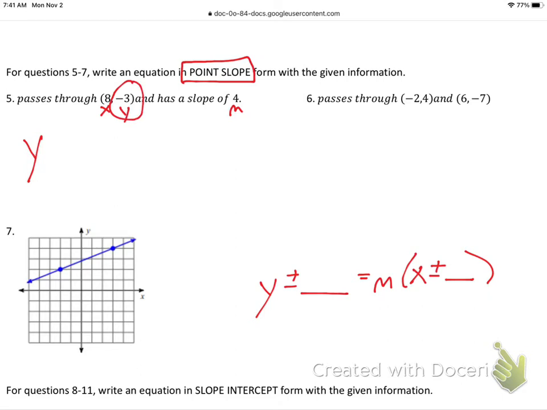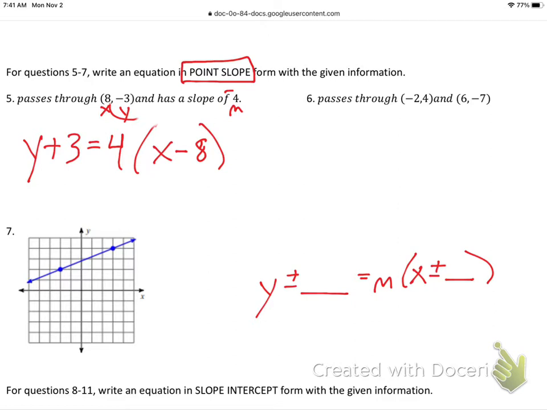So that's a -3, and I want the opposite, so I'm going to do plus 3 is equal to, I know my slope is 4 right there, and then it's going to be x, and then I look at my x, I see my x is a +8, so I'm going to put a -8 on the inside. And that's all you're doing, is just plugging stuff in, making sure that because it's in point-slope form, it's going to be the opposite.